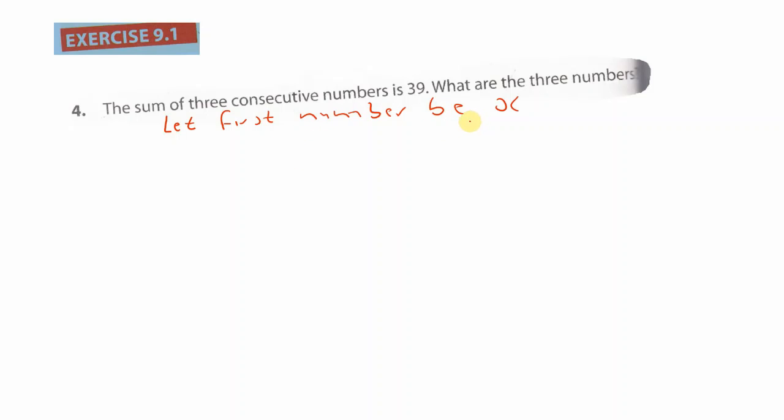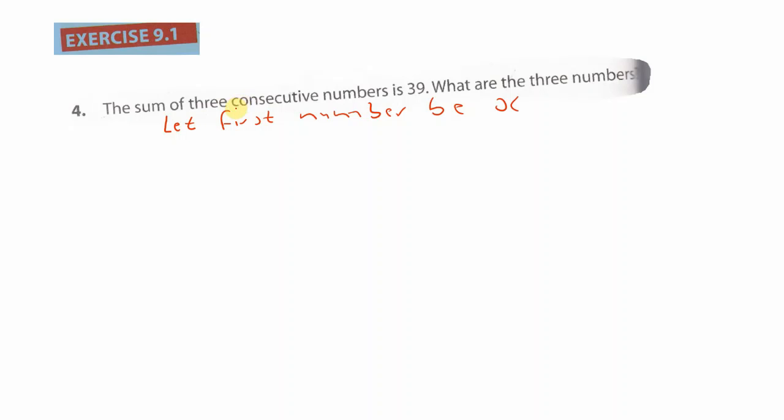So let's say I have a number and it's 5. What is the next number, the following number? 6. How do we get from 5 to 6? Yes, we add 1. What is the number after 6? 7. How do we get there? We add 1. So if the first number is x, then we know the next number will be x plus 1.